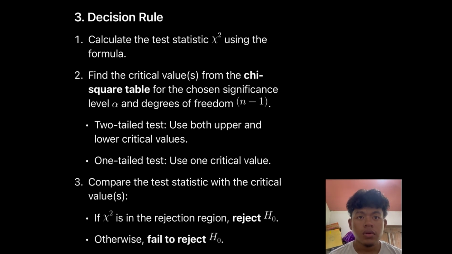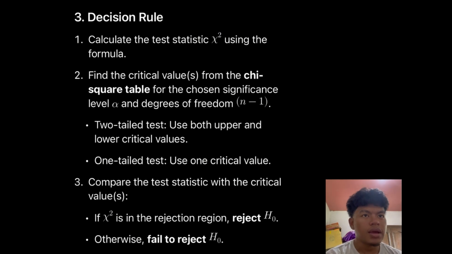A two-tailed test uses both upper and lower critical values; a one-tailed test uses one critical value. Number 3, compare the test statistic with the critical values. If it is in the rejection region, reject the null hypothesis.